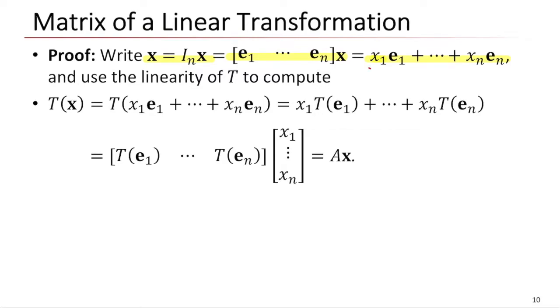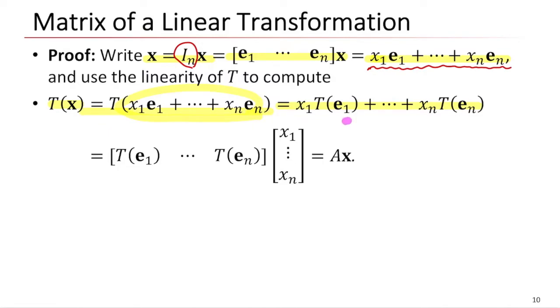So what is that? This is the linear combination of the column vectors of the identity matrix In, right? And then because the transformation is a linear transformation, Tx is going to be T like that, and we can decompose this one like that, right?